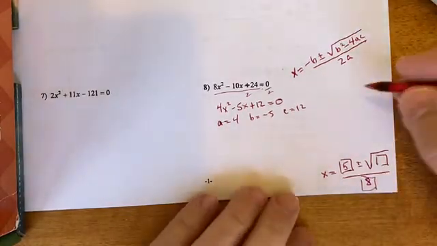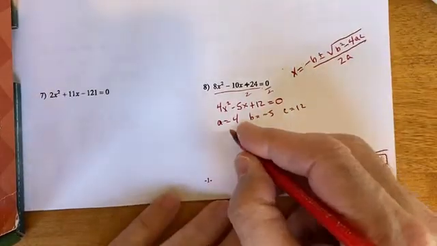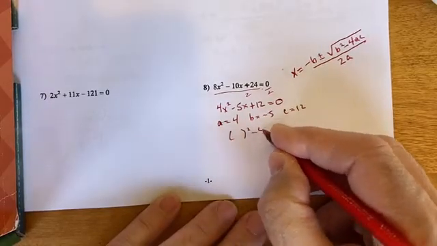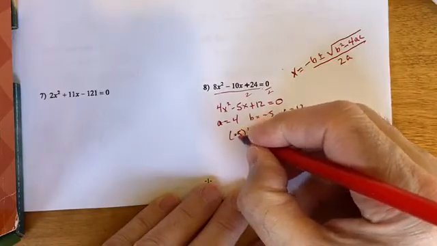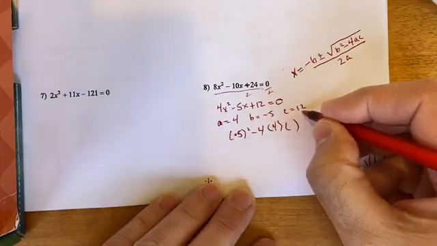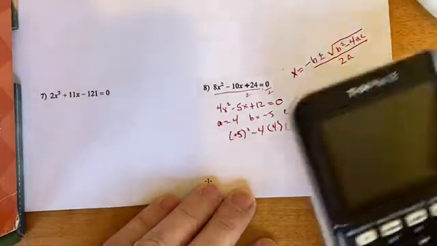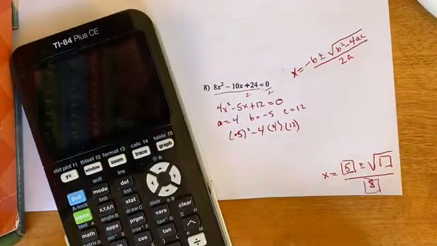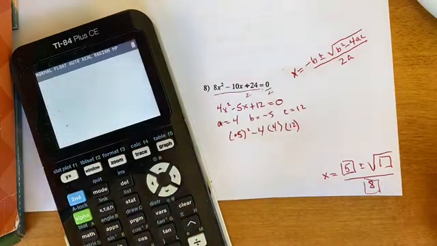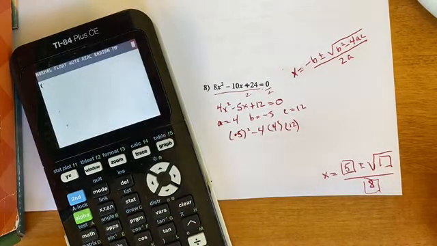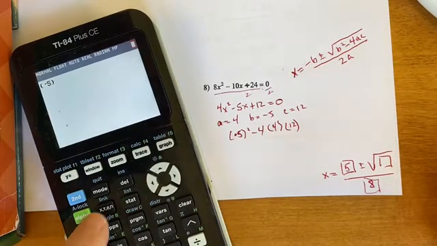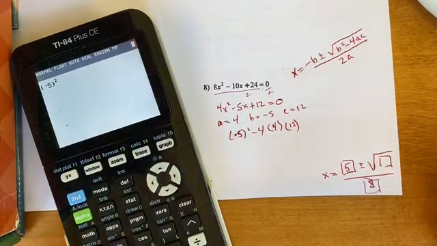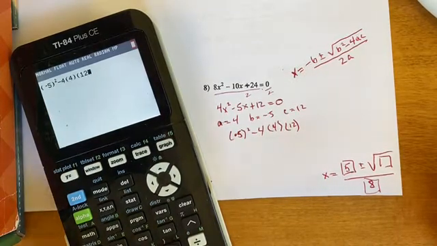Let's see what we have. B squared minus 4ac. So b is negative 5, a is 4, and c is 12. Let's see what that is when we plug all that stuff in. B squared, so negative 5 squared, minus 4 times 4 times 12.